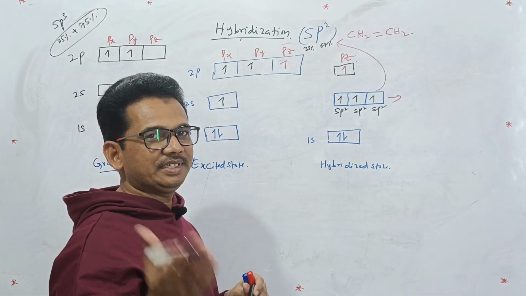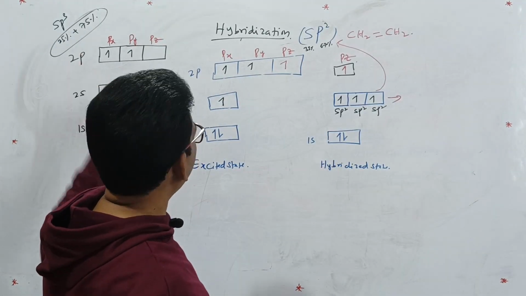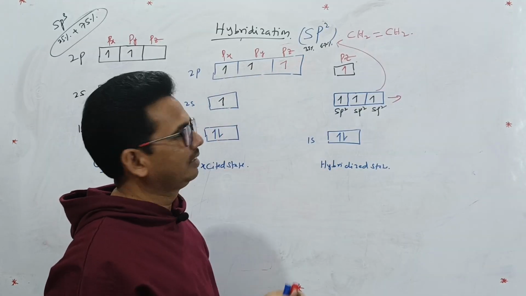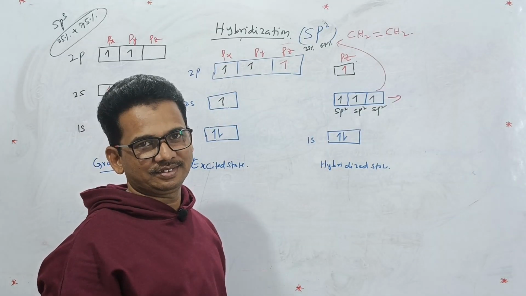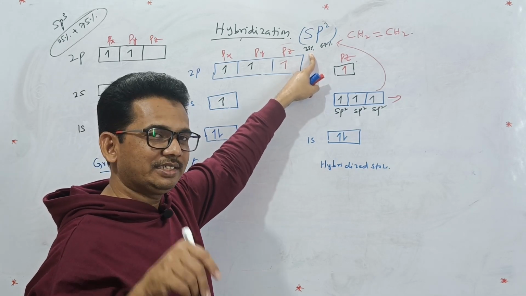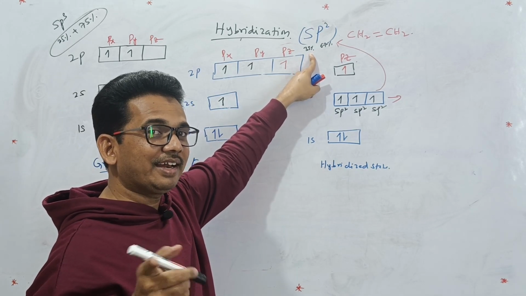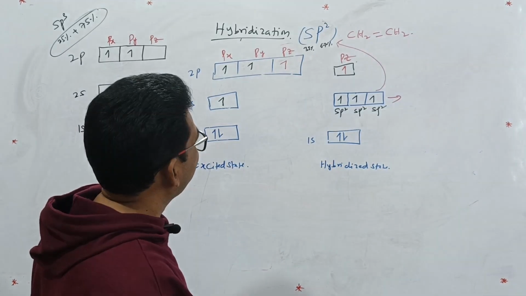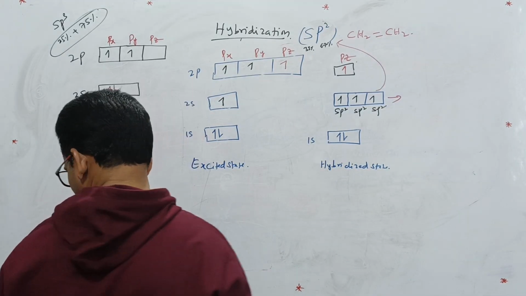P is 3 parts, that's why 75. S is 1 part, 25. But here you can see P is 2 parts, S is 1 part, 33, 67. S character is increased here. Another logic is there, I will tell you at the end. When s character increases, what will change? Okay, this is about the sp2.